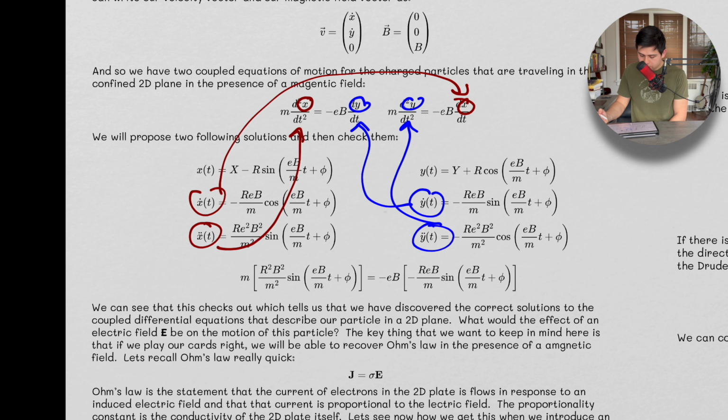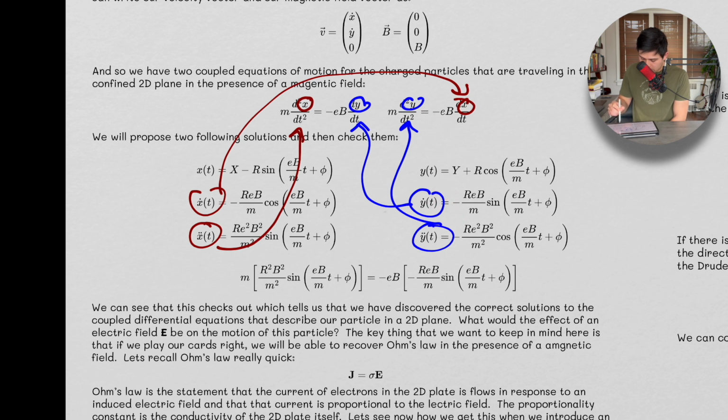Putting this all together, let's deal with this one. So this times m, that's this right here, is equal to E times B times this guy right here, which is this.